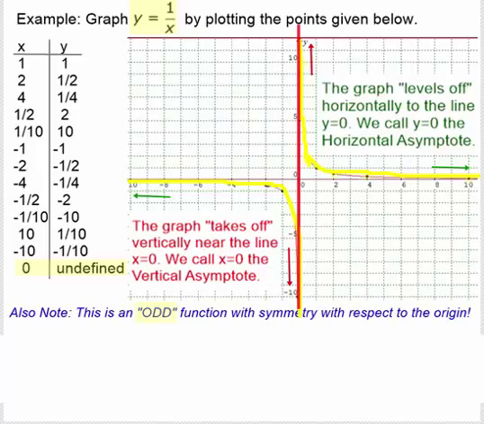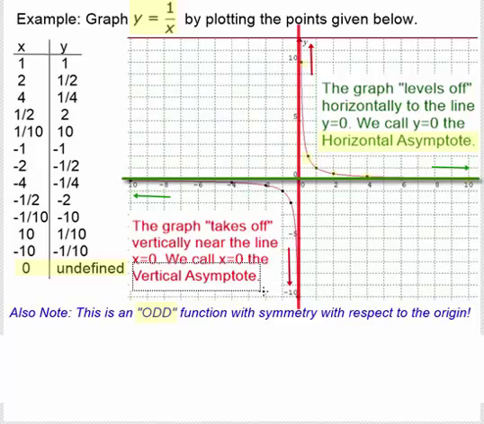We say that y equals 0 is a horizontal asymptote. And the horizontal asymptote is a horizontal line that the graph levels out to as you plug in very, very big x values. Likewise, since the graph approaches the vertical line, which is the y-axis, also known as the line x equals 0, we call x equals 0 a vertical asymptote.